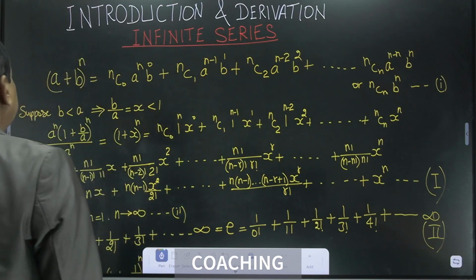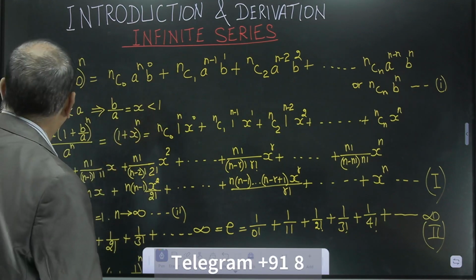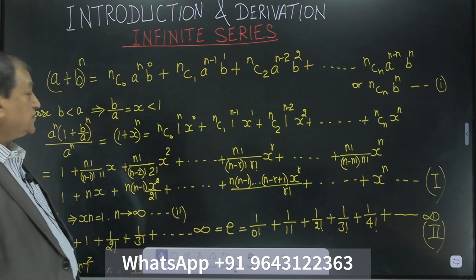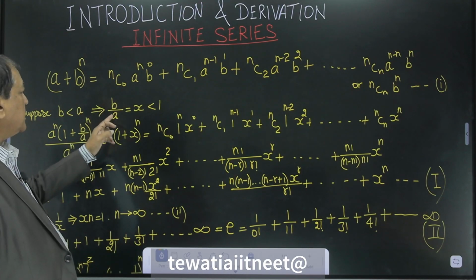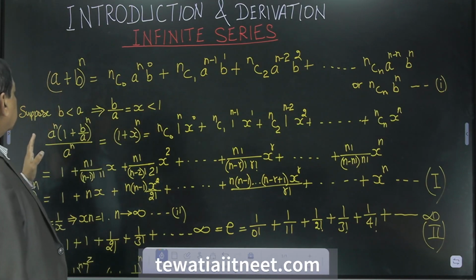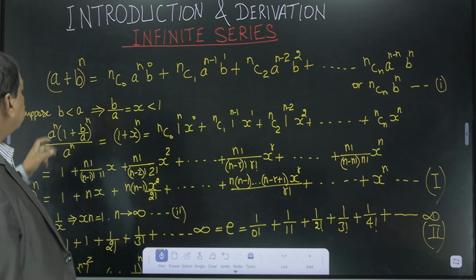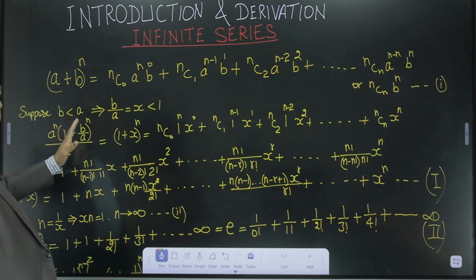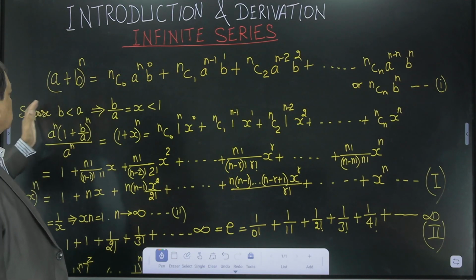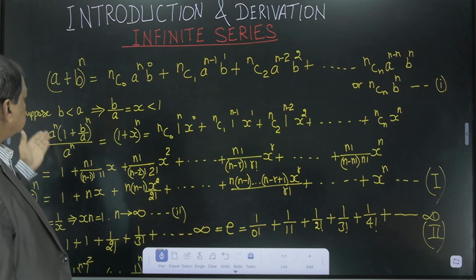Now we make some transformation in it. Suppose b is less than a, so that b by a, say x, is less than 1. So equation 1 becomes a common, inside it is 1 plus b by a. Let's divide this by a raised to power n.